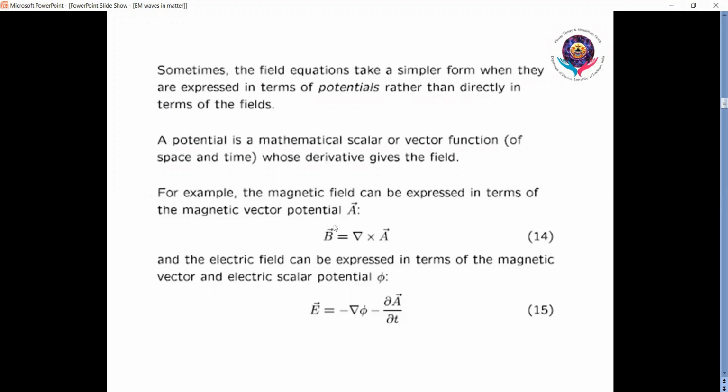The magnetic field can be expressed in terms of this vector potential. Similarly, we have a scalar potential, phi, and the electric field can be expressed in terms of these vector and scalar potentials through this equation. So the two fields are now expressible in terms of the vector and the scalar potentials.